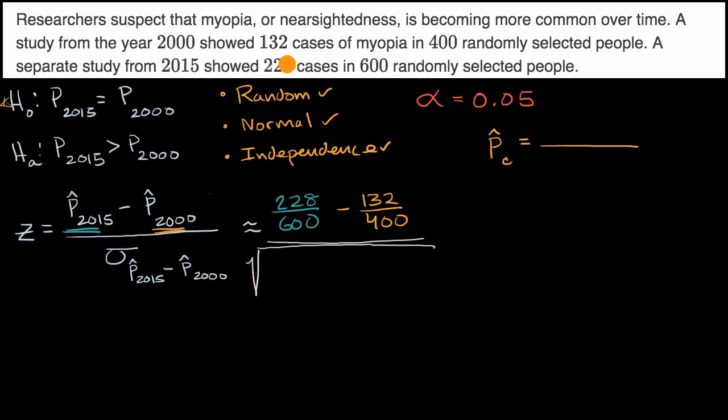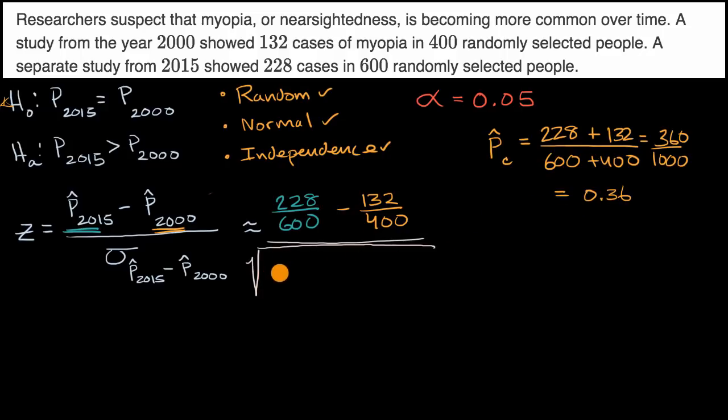So our sample size would be 600 plus 400. And the number of cases of myopia would be 228 plus 132, which would get us to 360 over 1,000, which is equal to 0.36.